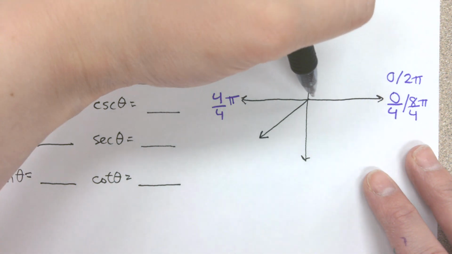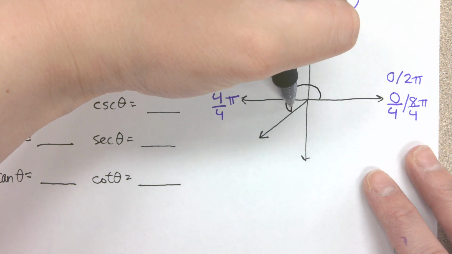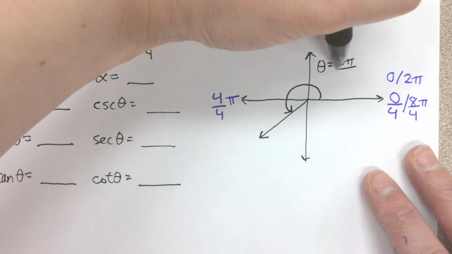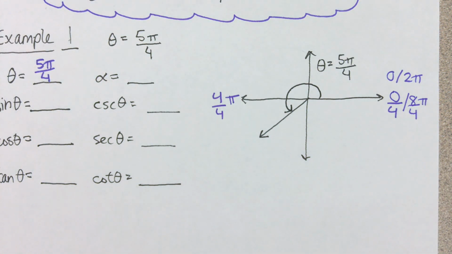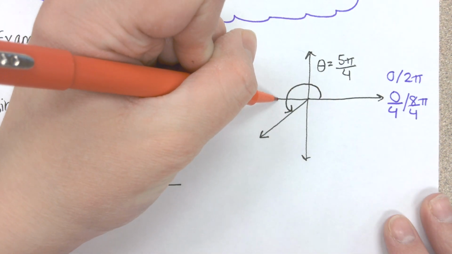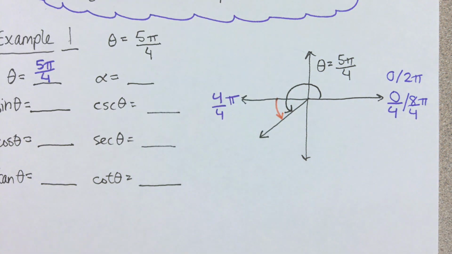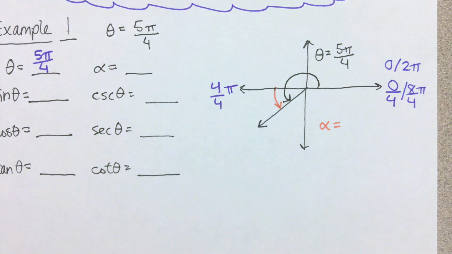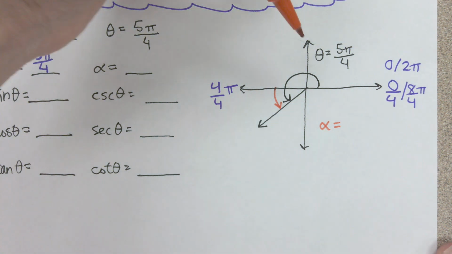So let's draw in the angle of rotation. Again, theta is 5 pi over 4. Next, we find alpha. Alpha, x-axis, to where our angle ends, to the terminal side. So the whole thing here is 5/4.